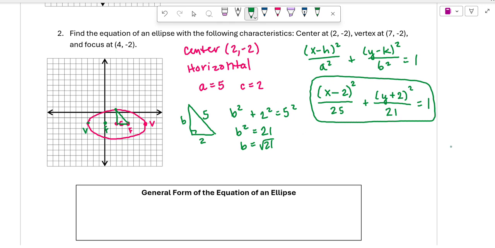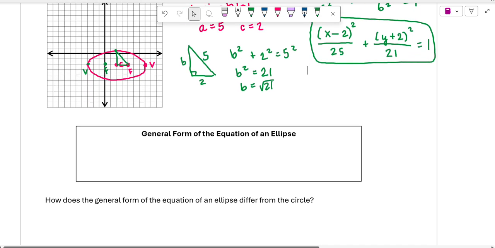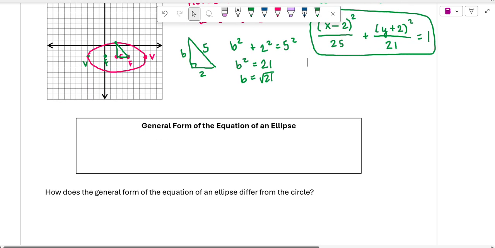And then just to continue on down the page, there's just a little bit more information here to finish this out. I think we can do that in this video. So we already saw the general form of the equation of a circle, and we are going to look at the general form of the equation of an ellipse. We already did circle, ellipse, and then eventually hyperbola as well.